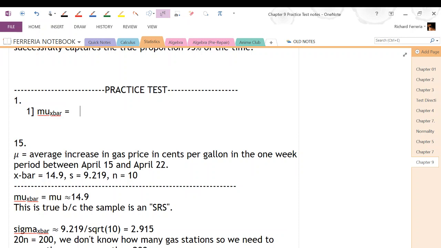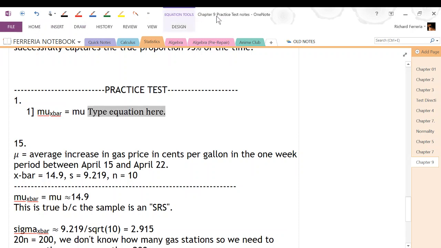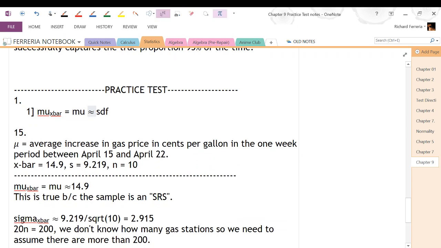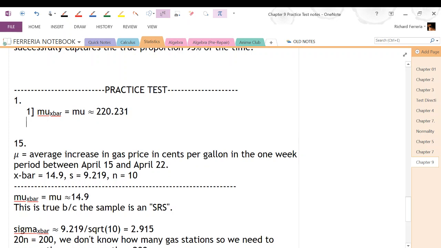That's going to be exactly equal to mu, and we're going to be approximating that with, what is that, 220, 231? Okay, number 2 is sigma of x bar.